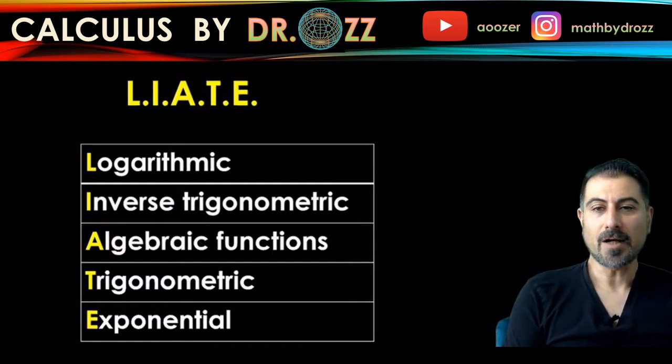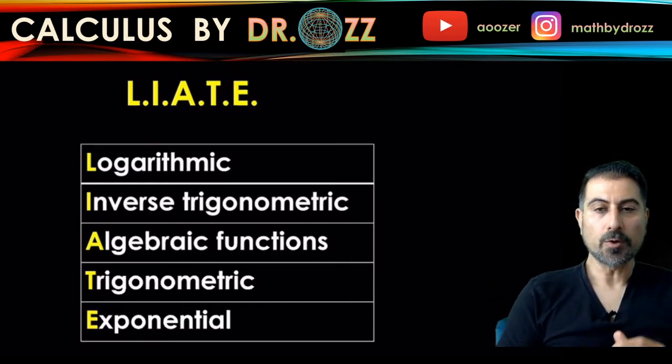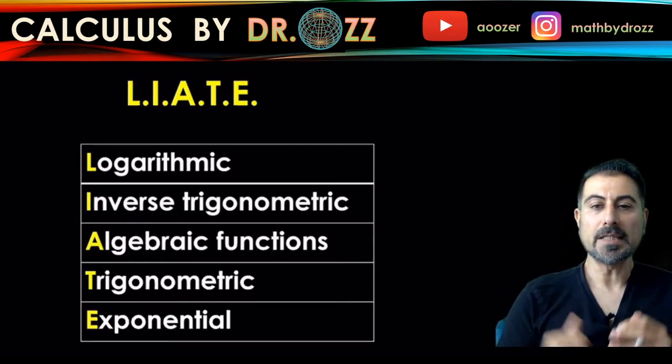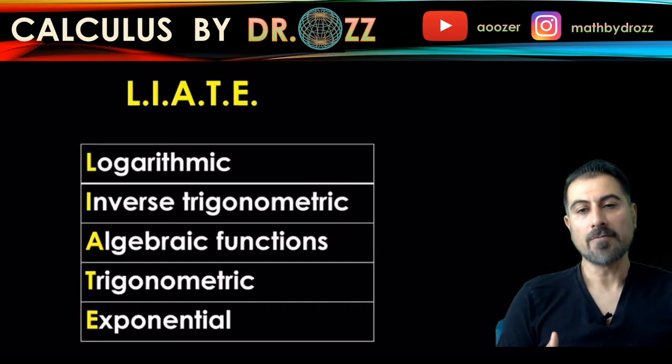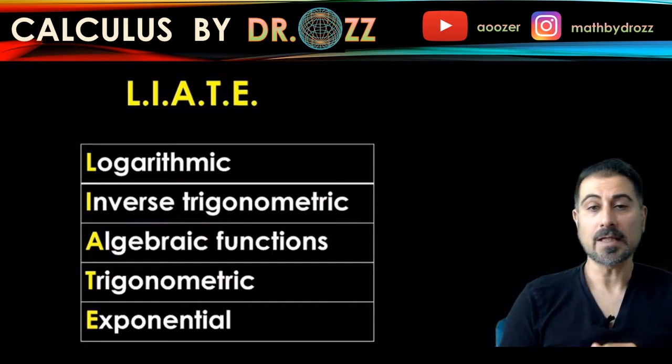So here, if you see functions coming in the integrand, this rule tells you which one to call u. For example, if you have logarithmic and trig in the integrand, then you should go with the logarithmic function first to call u, and the rest involving trig would be your dv.